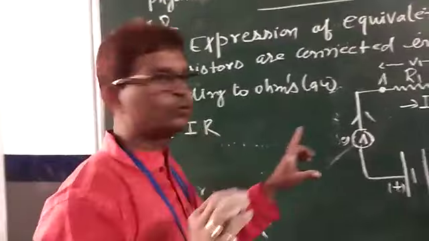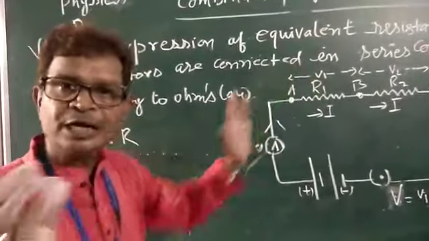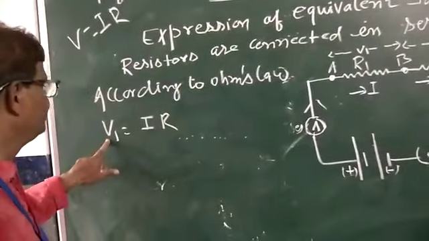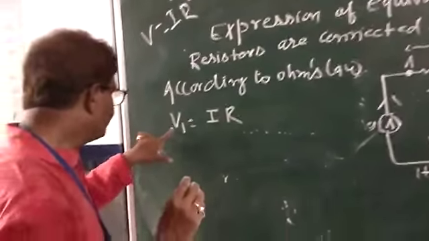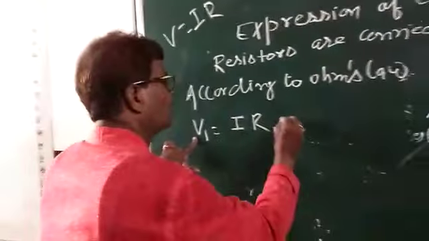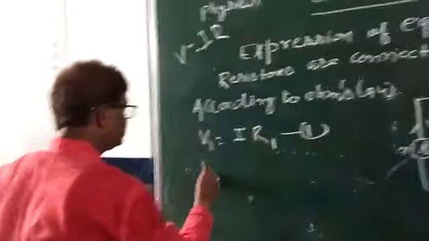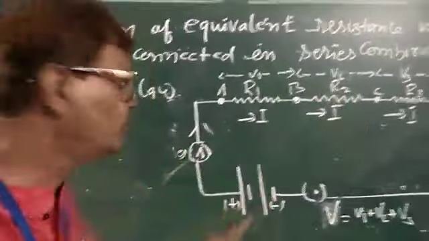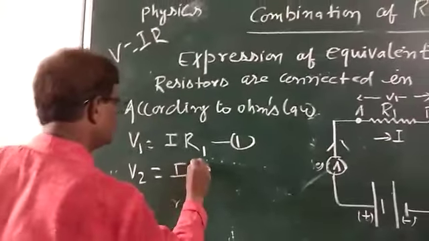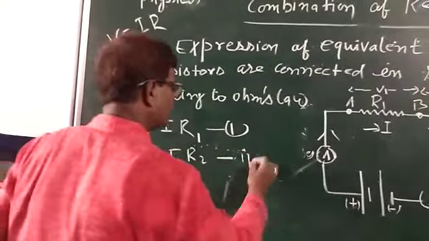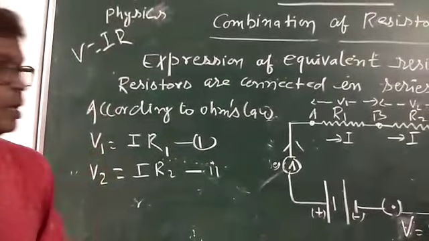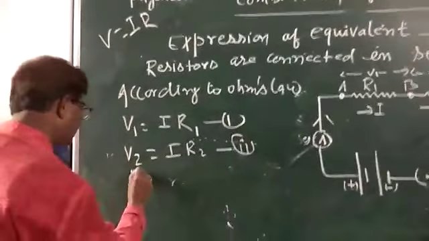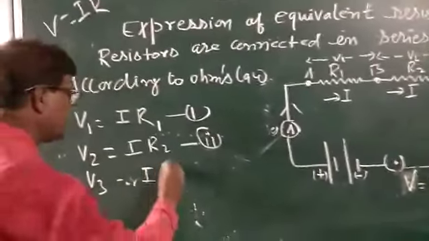We are talking about R1 only, so V1 is equal to I R1. V2 will be equal to I R2. And now for R3, that is V3 equal to I R3.